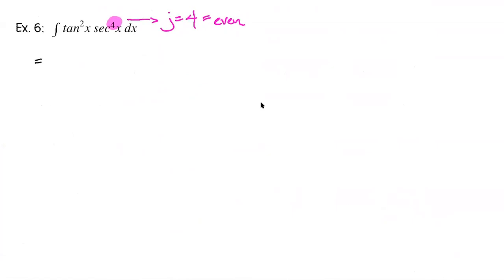That gives me the integral of tangent squared x, which stays, times secant squared x times secant squared x dx. Now I'm going to take one of these secant squareds and substitute in tangent squared plus 1.